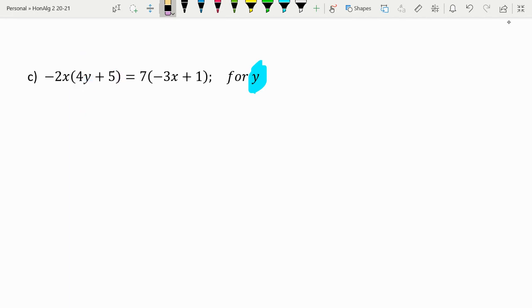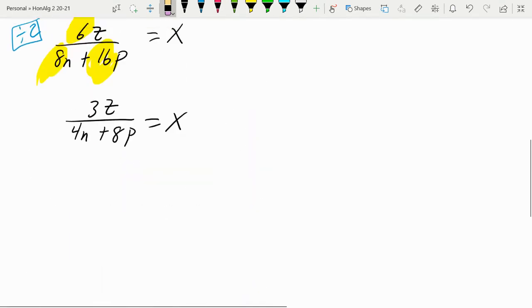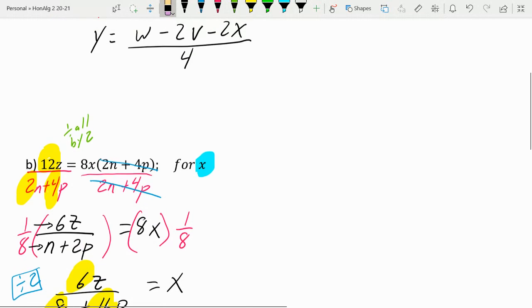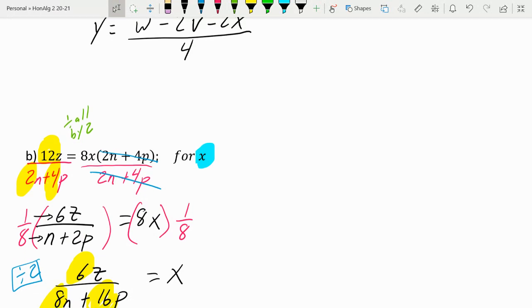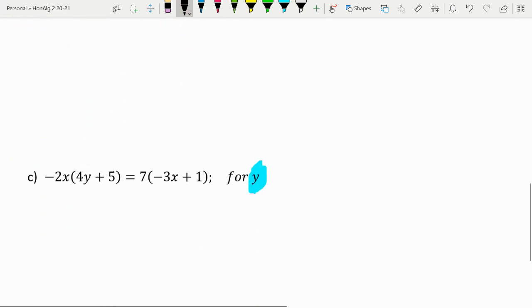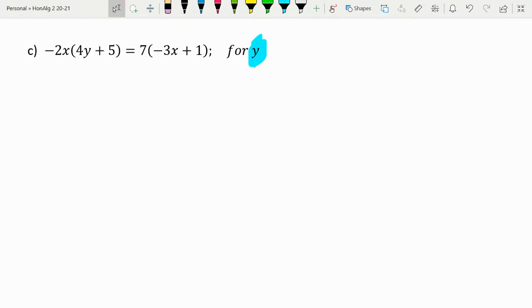So before up here, when I told you not to distribute, I told you don't distribute, because now you're going to make more x's. Well, over here, you have no choice but to distribute because that y is trapped.